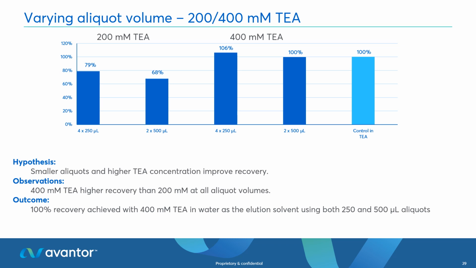So we're either looking at 4 times 250 or 2 times 500 microliter elutions. And what we see is that in all cases, splitting the elutions increases the amount of recovery. 400 millimolar TEA in the final aqueous solvent does increase the recovery though, from 79% to 100% and slightly more indeed.